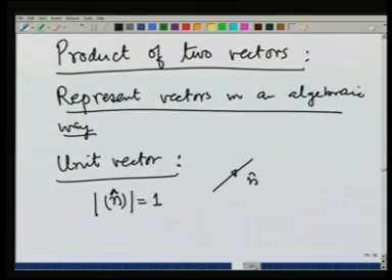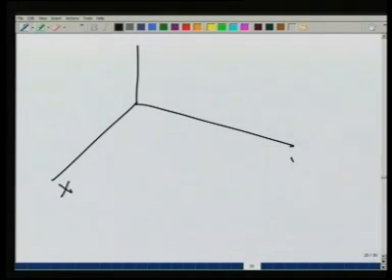In particular, now we will take the x, y and z axis, Cartesian coordinate system and define unit vectors in x direction, call it i, unit vector in y direction, call it j, and unit vector in the z direction, call it k.